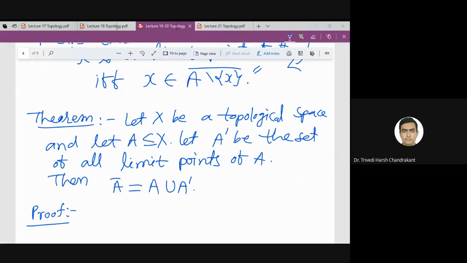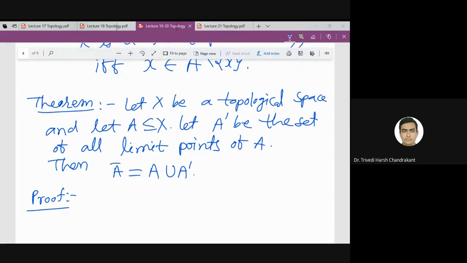Since these are two sets and we want to prove they are equal, we first prove that the first set is contained in the other set, and then we prove the second set is contained in the first set. So let us prove the easy part. If I take X belongs to A dash, that means X is a limit point.